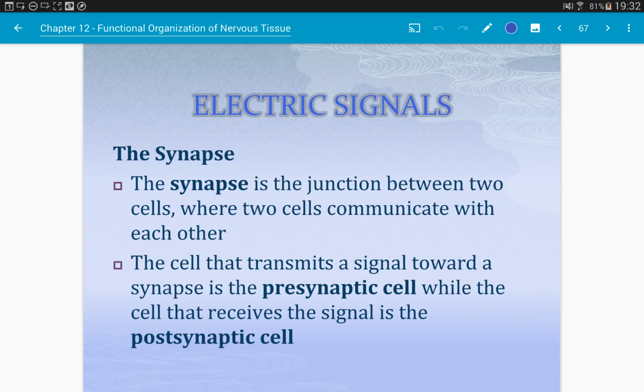Okay, so at the synapse, this is basically, as it says, a junction, or the place where you have two cells close together that are going to be able to interact. They're going to be able to communicate with each other. And when we're talking about nerves, the communication method is going to be with neurotransmitters.